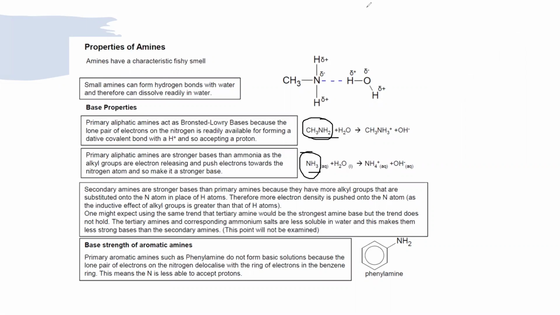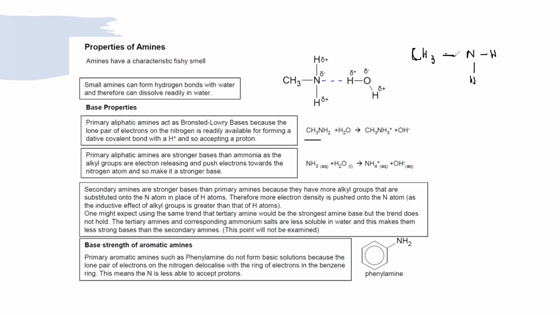So what is the reason? Because these alkyl groups are electron releasing groups. So when we say something is an electron releasing group, it has a tendency to shift the electron. So nitrogen, hydrogen, and there's a bond between carbon and nitrogen.